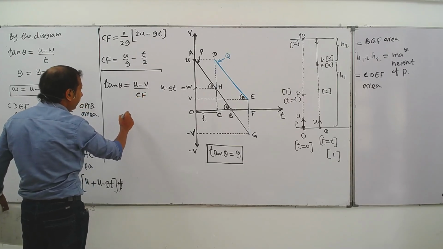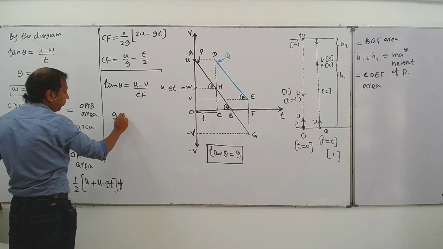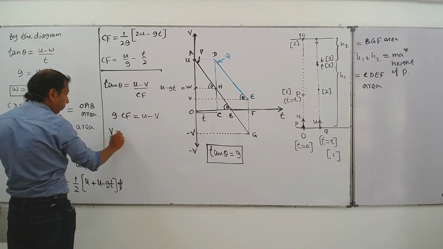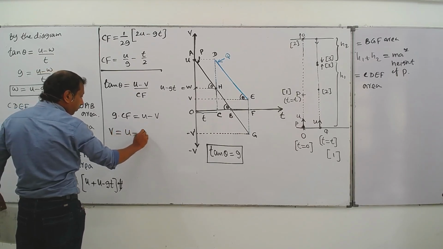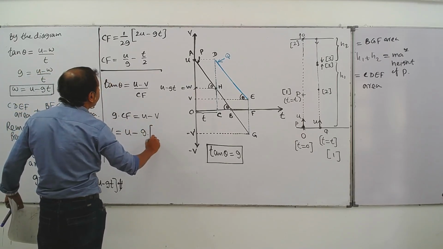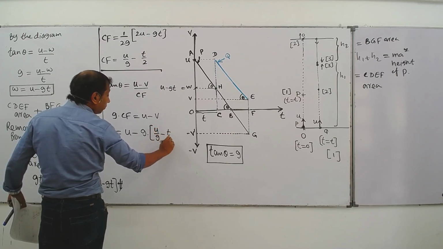Then tan theta is G. Bring the CF to the left hand side, U minus V, bring this V to the left hand side, U minus G times CF. CF time is this: U by G minus T by 2.